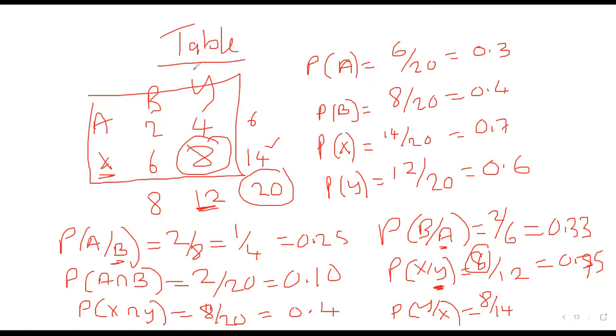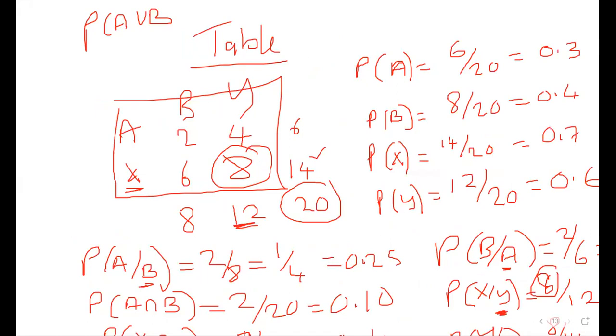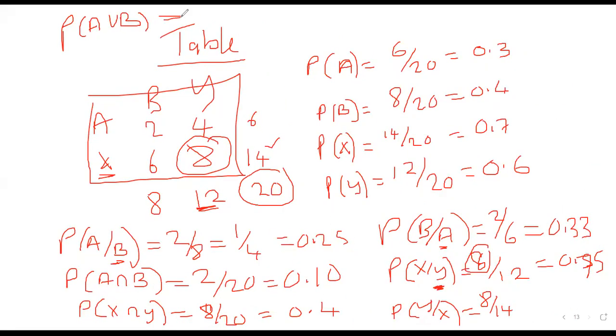Okay, for the rest now, I will conclude by saying A union B is simply the probability of A plus the probability of B minus the intersection. So our probability of A we found at 0.3, probability of B 0.4, the intersection 0.10.